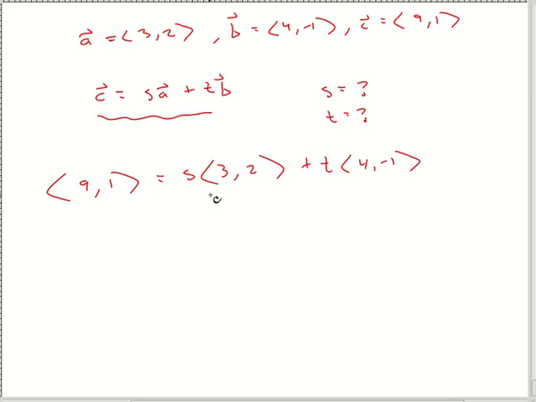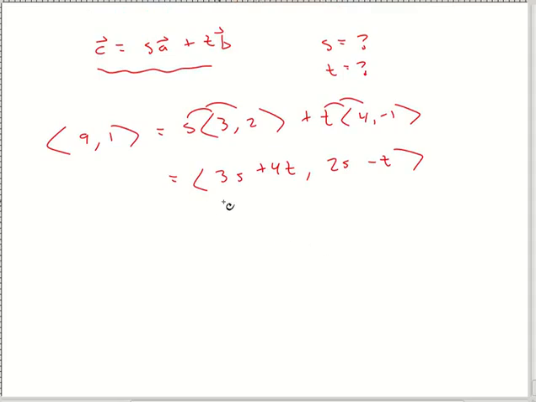And so what I do is I distribute my S, distribute my T, and so I come up with 3S, and you can add them. I'm just going to go ahead and jump to it. Plus 4t. Those are all my x's. And then my y's, I got 2s. Man, that looks like 25, doesn't it? Okay, it's the best I can do. Minus t. There's no 5s in this problem.